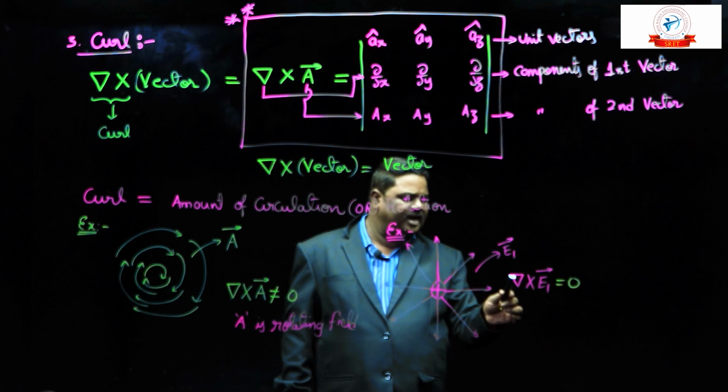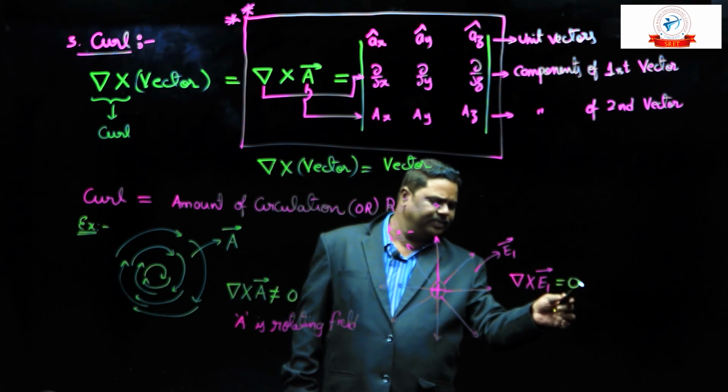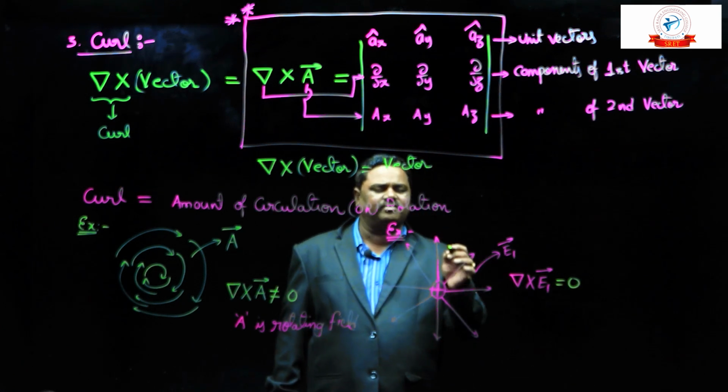If the curl of any vector field is 0, then the vector field is called an irrotational field.